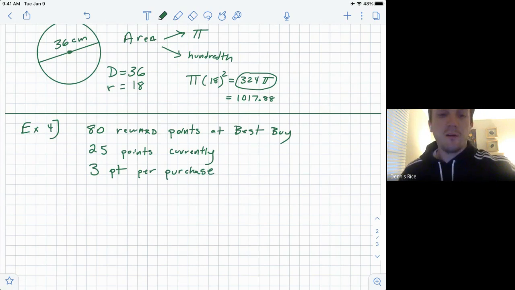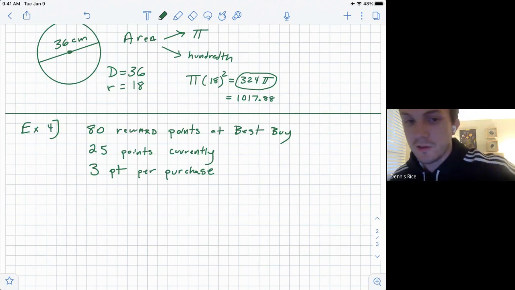Let's write an inequality to figure out how many purchases we need, P. How many more purchases we need to reach our goal of having 80 points. You get a free game if you get 80 reward points. Okay? So that's your goal here. You want 80 reward points, you have 25, and every time you buy something, you're going to get 3 per purchase. So let's call our variable P.